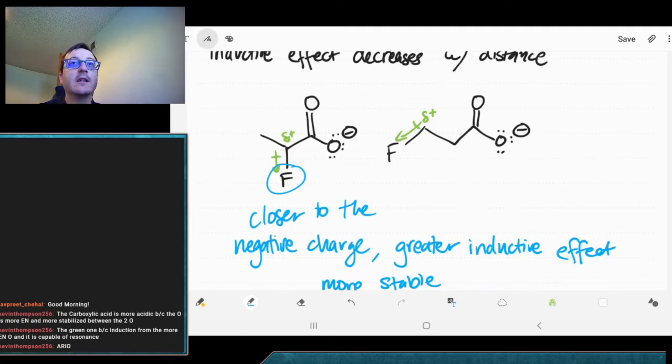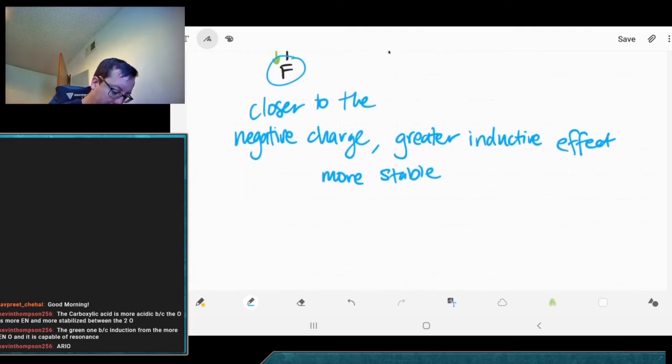I'm not seeing one pop up here, but I don't have the numbers for you, unfortunately, with this particular one. But suffice to say, it's going to be better if it's closer. And as you can see here, the positive charge is closer to the negative. Of course, it's going to be more stabilizing, right? So, a little bit intuitive there. Another comparison we can make.